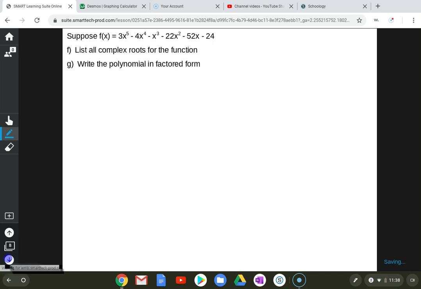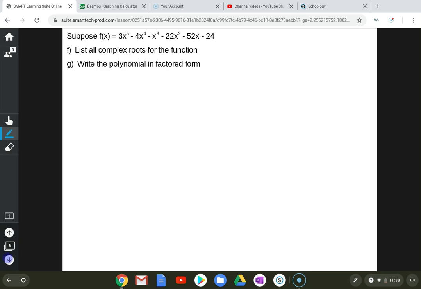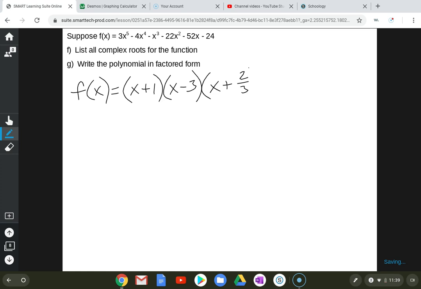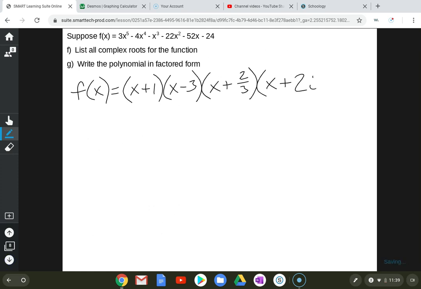So did I ask a final question? I did. So I'm going to rewrite my polynomial on this next screen. I have f of x in factored form would be x plus 1, x minus 3, x plus 2/3, x plus 2i and x minus 2i.